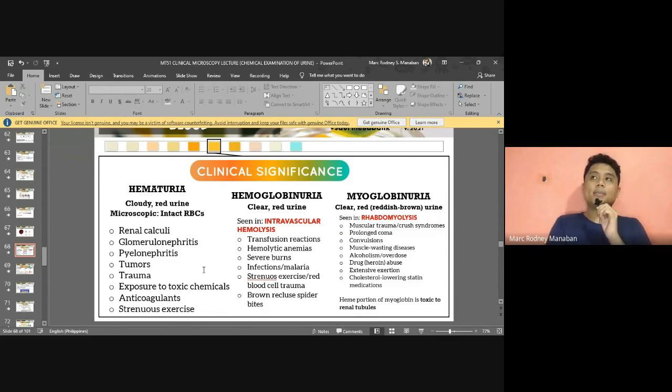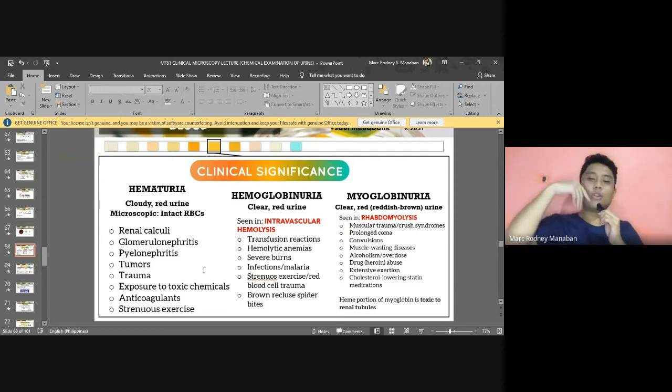Remember that your RBCs are big. If you bleed inside, your RBCs are not supposed to get into your filtrate because they are really big. They cannot enter the glomerulus. But in case of glomerular damage, glomerulonephritis, pyelonephritis, or inflammation of the tubules, it becomes permeable to RBCs, that's why RBCs are seen in the urine.